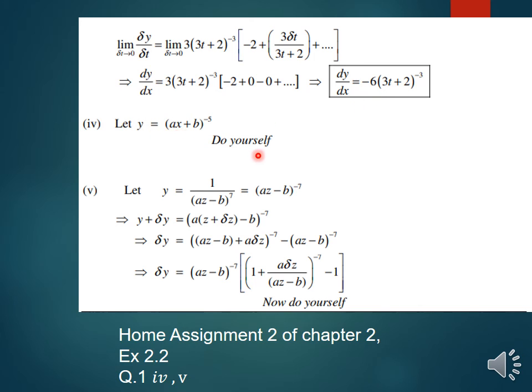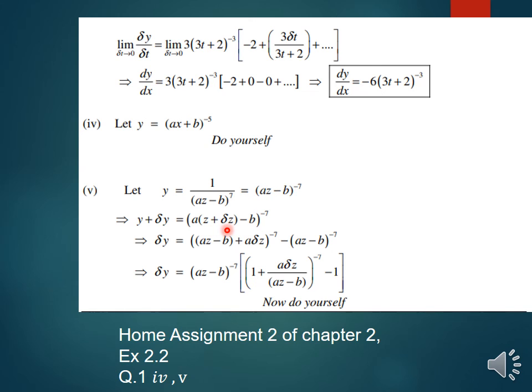So student, similarly you can solve question number 4 yourself, and question number 5. Question number 5 is similar to those solved in previous exercises. You first shift the denominator to the numerator, (az + b)^(-7), and then you replace y by y plus delta y, and z by z plus delta z, as we just solved previously where we replaced t by t plus delta t.